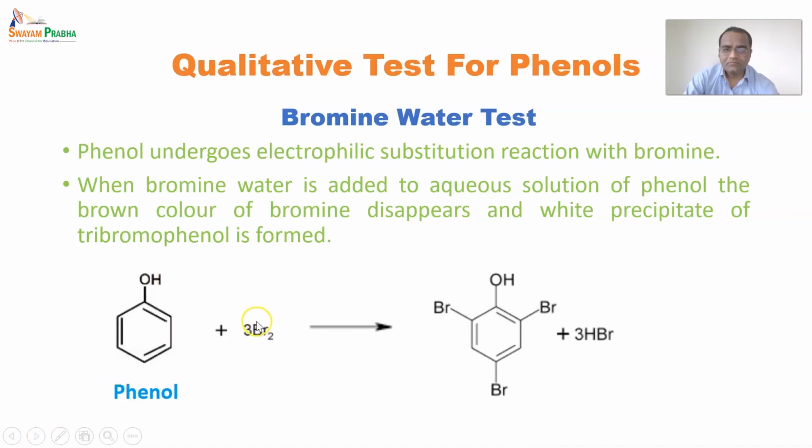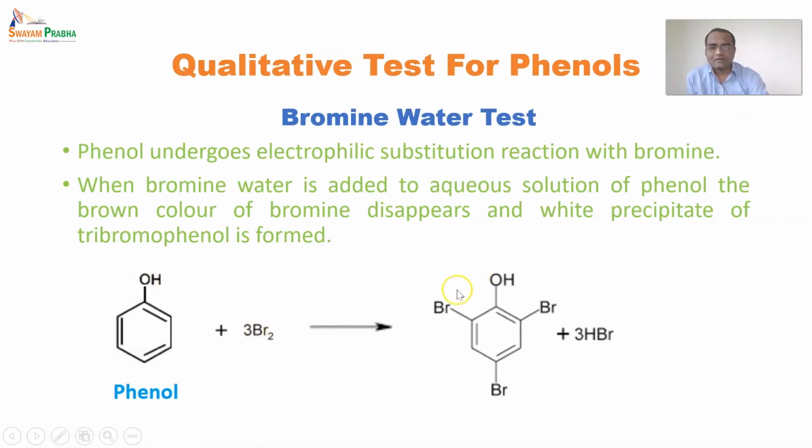So when phenol is reacted with bromine water, it forms a white precipitate and the brown color of bromine disappears.